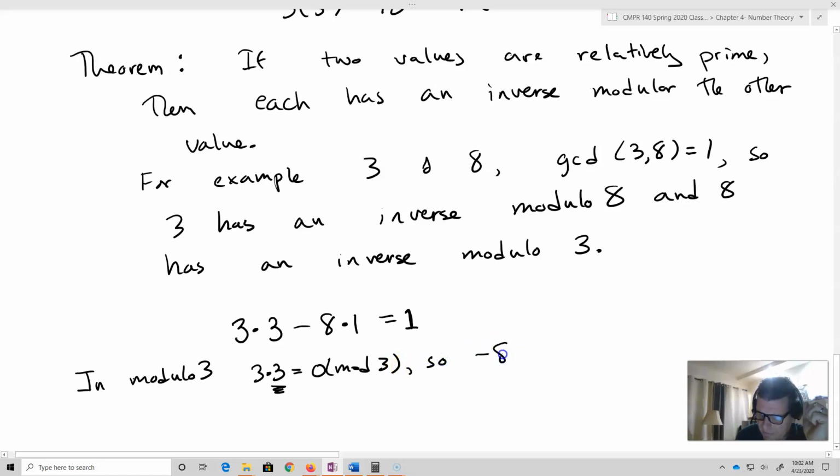So that means negative 8 times 1 has to equal 1. Basically what we get here is 0 minus 8 times 1 is equivalent to 1 mod 3. And so negative 8 times 1 is equivalent to 1 mod 3.